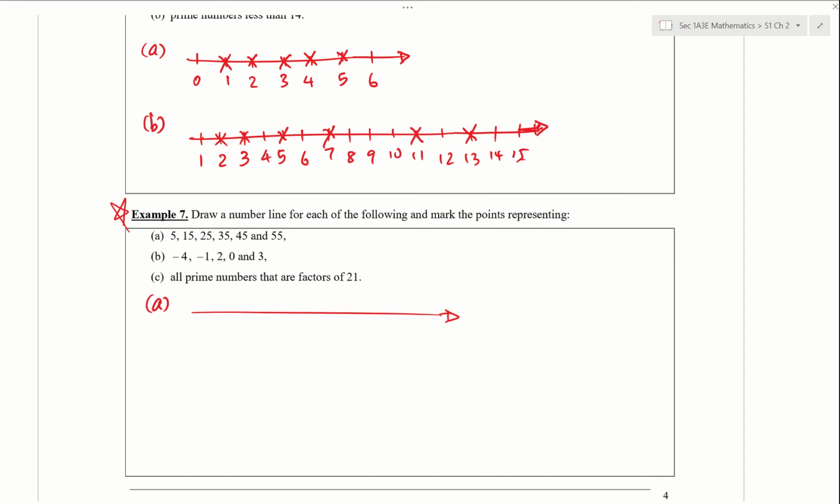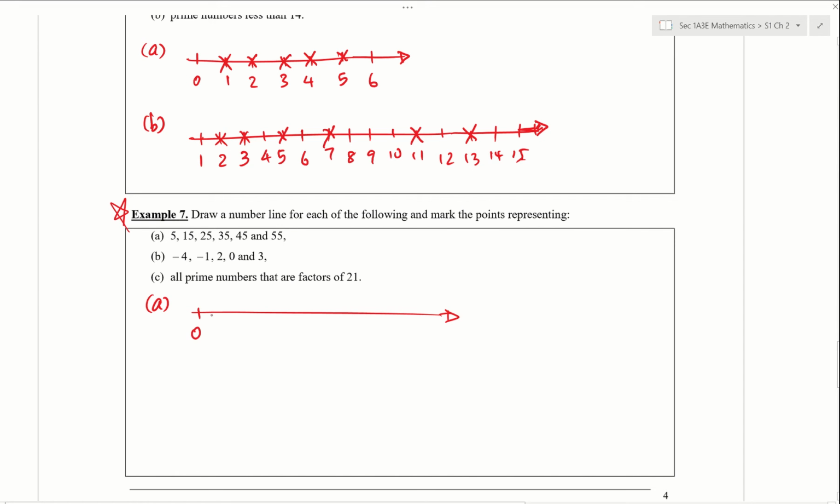So, in this example, we will learn that your number line can have different intervals. Instead of our previous examples where the interval is always 1 unit, we can have intervals of 2 units, for example. But do you really want 2 units as an interval in part A? What's a better interval? 5. Okay, so let's use 5.